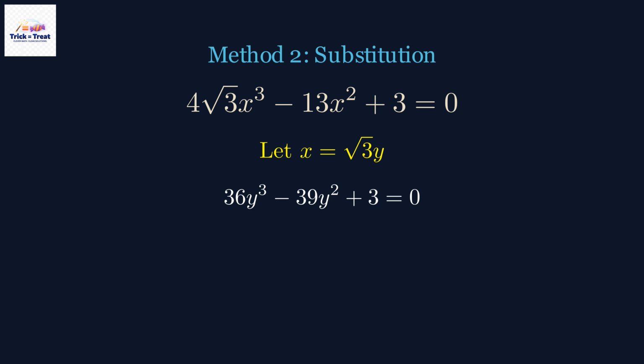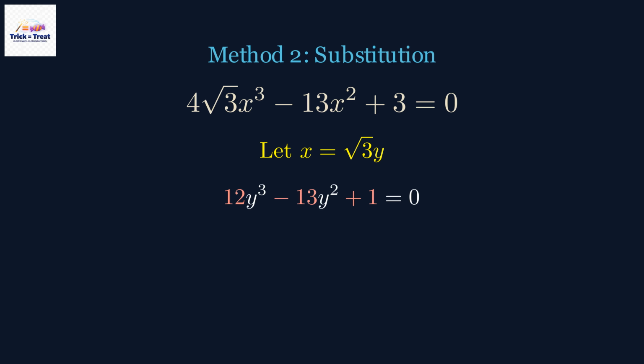Suddenly, our scary surds are gone, replaced by nice, clean integers. 36y³ − 39y² + 3 = 0. We can make it even cleaner by dividing everything by 3. 12y³ − 13y² + 1 = 0.